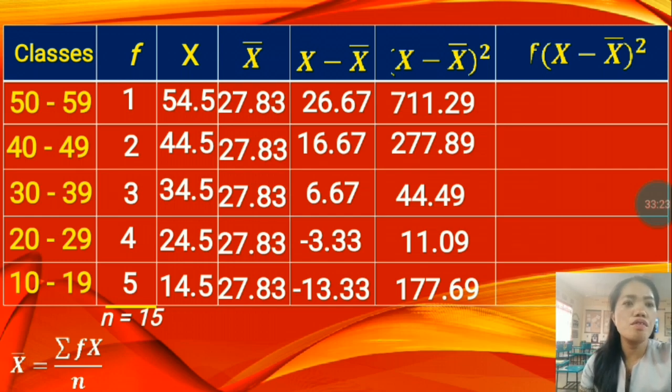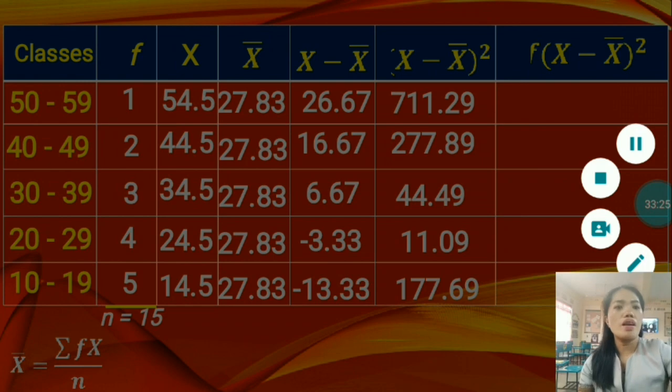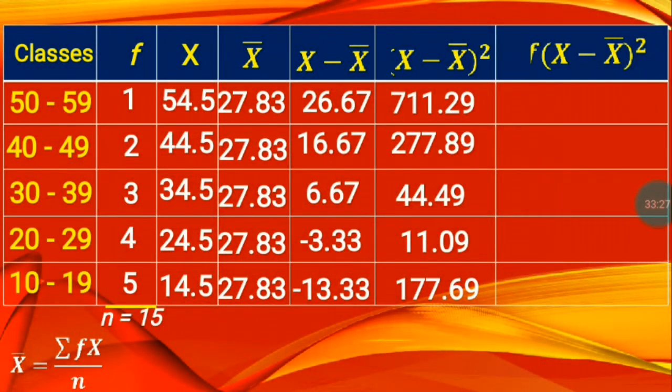We're going to get the product with our frequency. So we have frequency 5 times 177.69. So you have 888.45. Next, 4 times 11.09. You have 44.35. Next, 3 times 44.49. We have 133.47. Then 2 times 277.89.